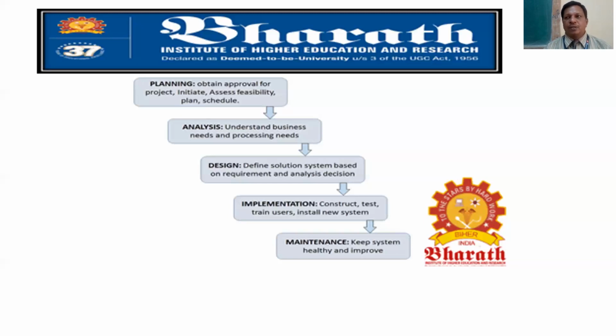In the analysis phase, we have to look at the resources, whether hardware resources, people resources, or software resources, whether everything is available or not, and what risk factors can come up in developing the system.